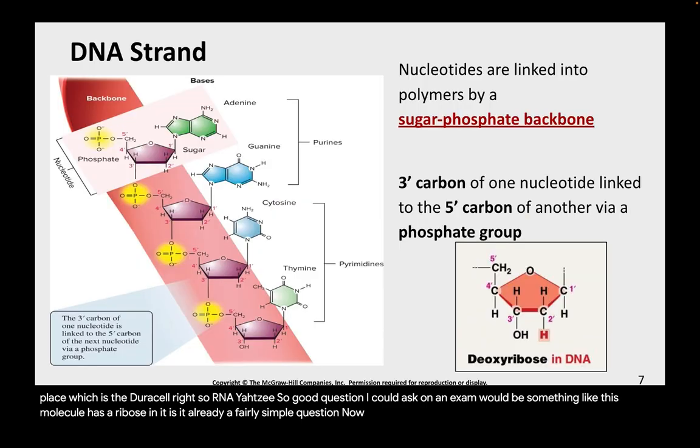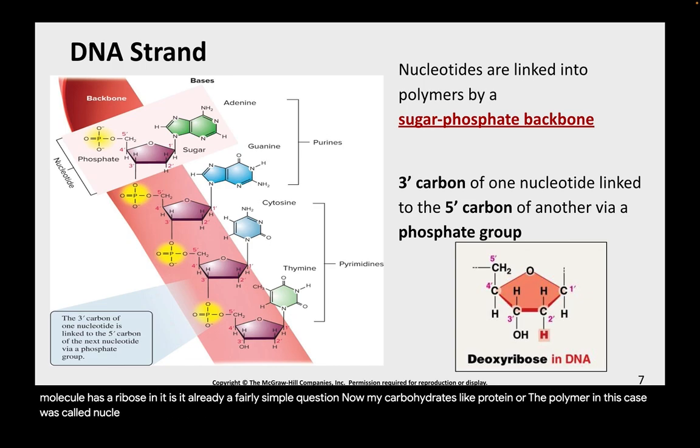Now, like carbohydrates, like proteins, we're going to stack those monomers upon each other to create a polymer. The polymer, in this case, we would call nucleic acids. Right? They're the DNA, they're the RNA. But we're going to stack those nucleotides upon one another in what's called a sugar phosphate backbone. Right?